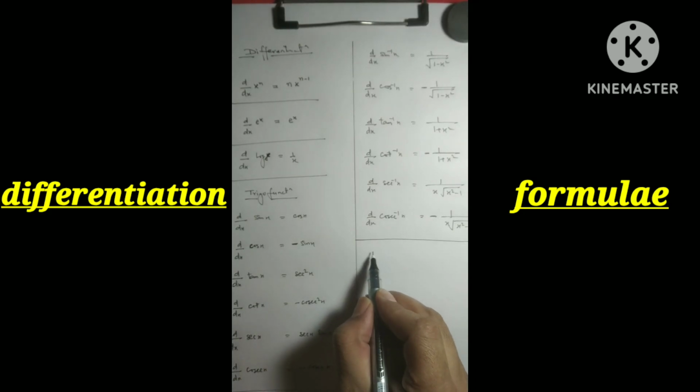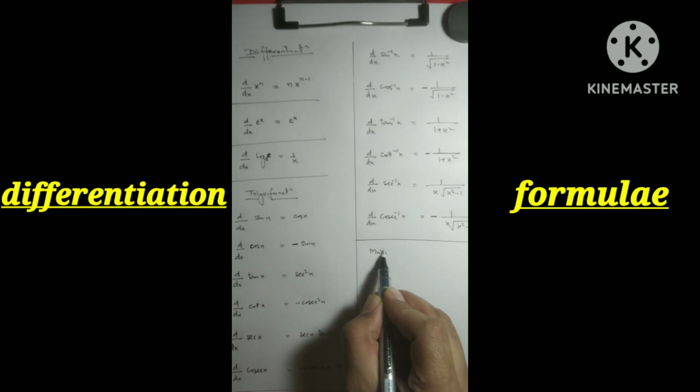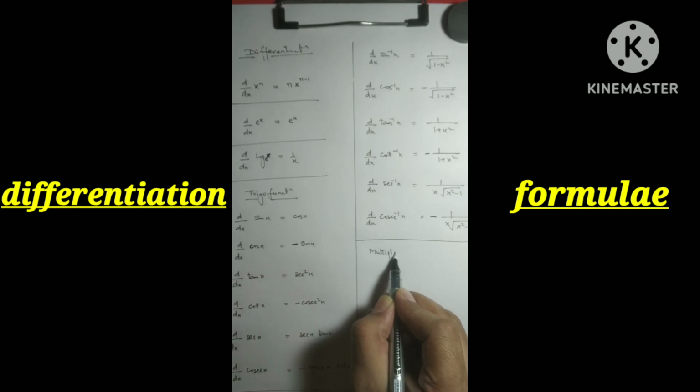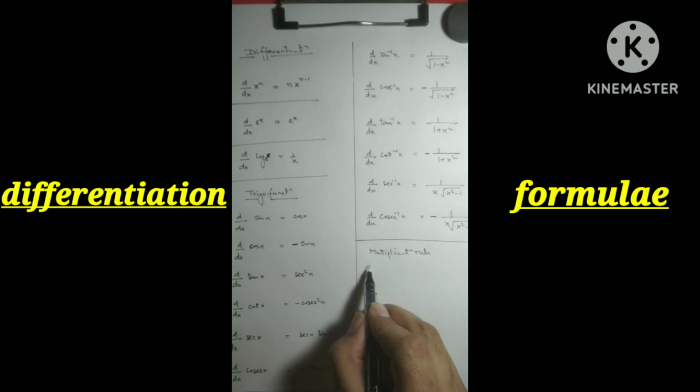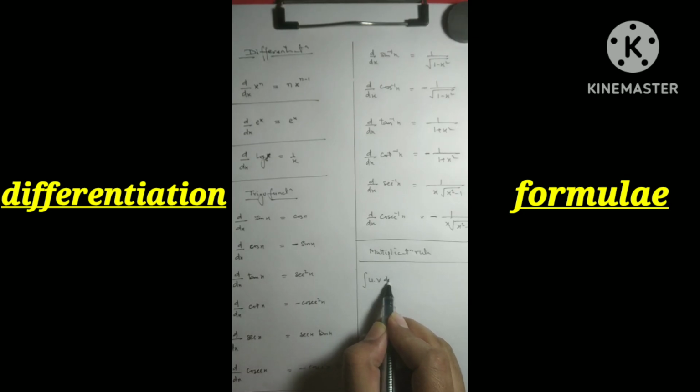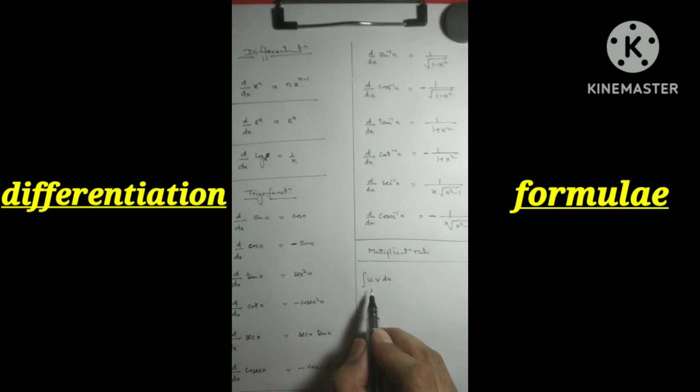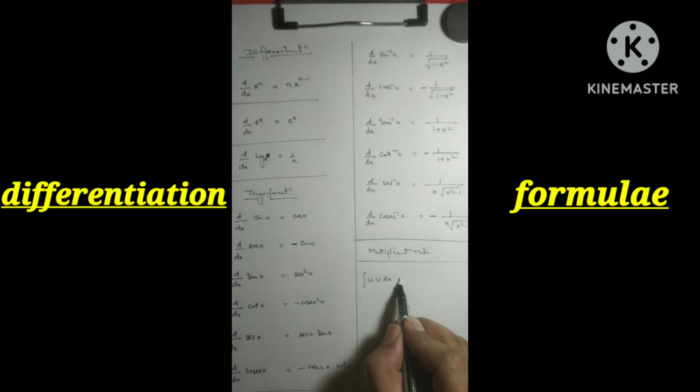Now multiplication rule. So if you have two functions of x, these are in product, so what will be the formula?